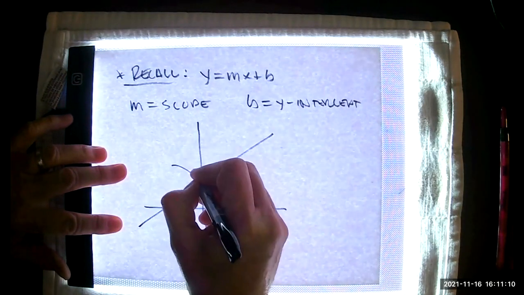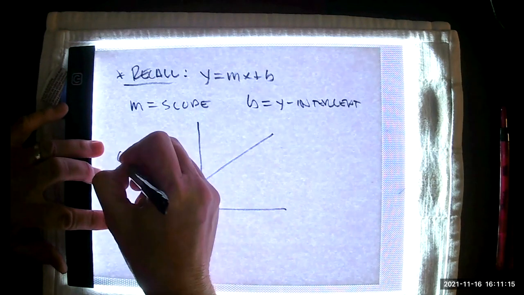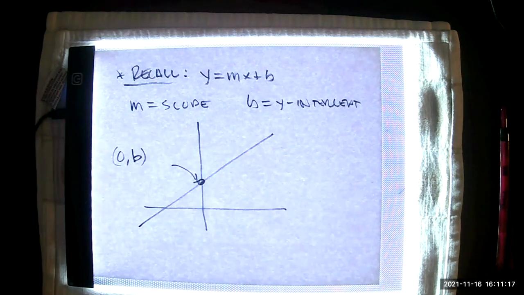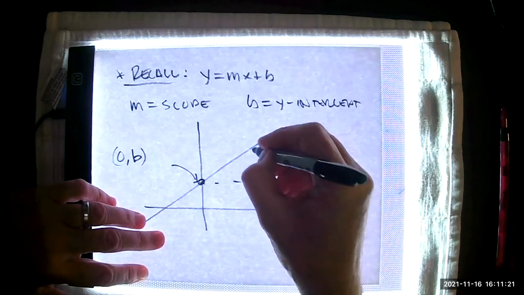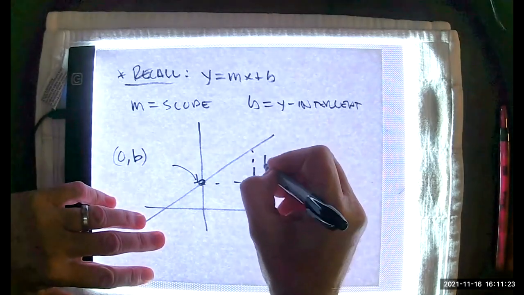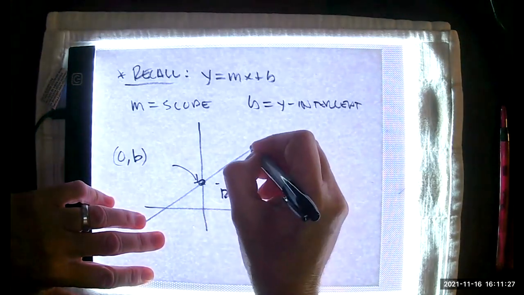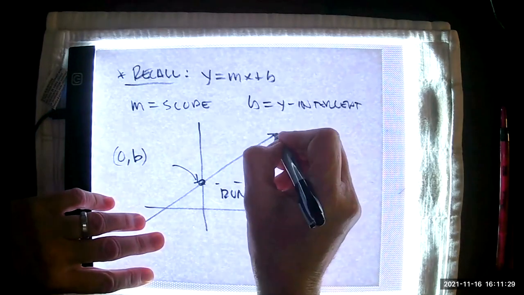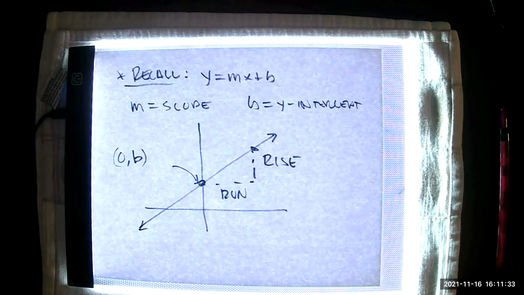You would plot the b. This is the y-intercept, so the coordinate there is 0, b, and then you would walk off the slope. There was the notion of rise and run, and this would get you to a second point, and you could then graph the line.